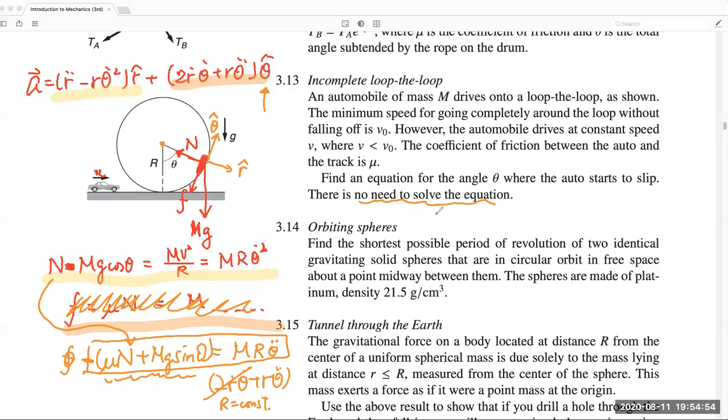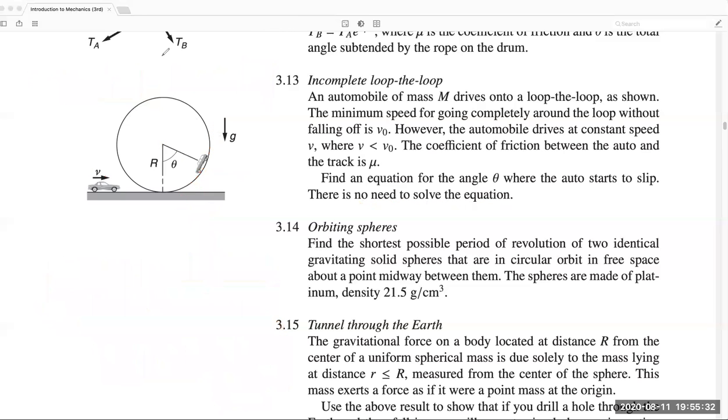Okay, so you can capture the screen and then let's go on. You may always need to use this equation in this chapter.